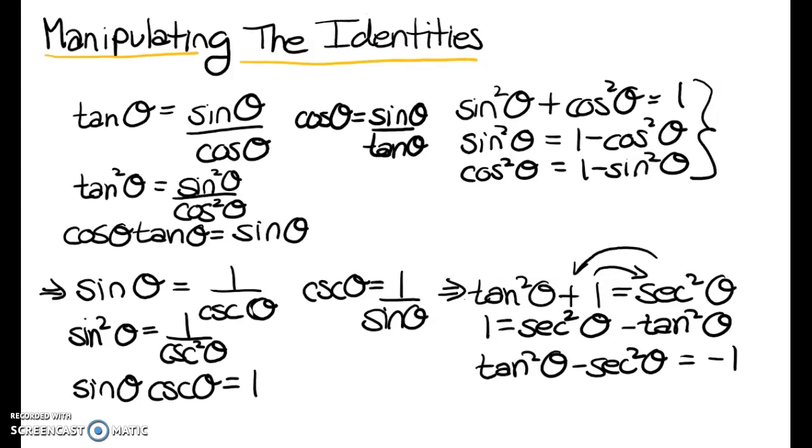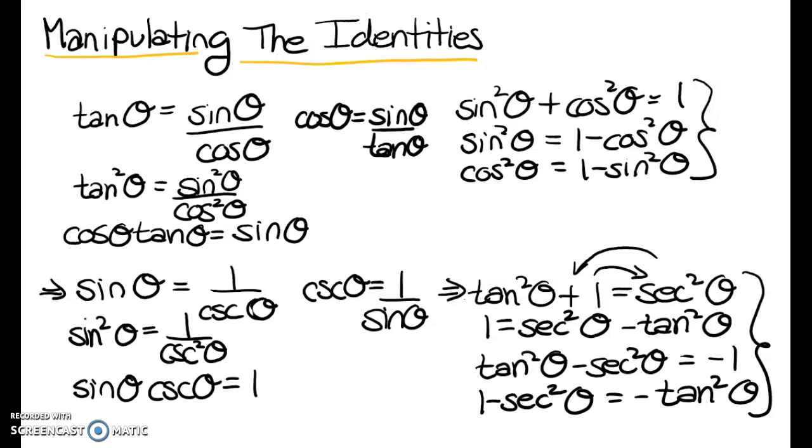Okay, so I can also say 1 minus secant squared theta equals negative tangent squared theta. All right, so there's a whole bunch of different ways that we can start thinking about our identities. We don't always have to think about them in the form that they were given. So this exercise that you will be completing today makes you think of these identities in their alternate forms.